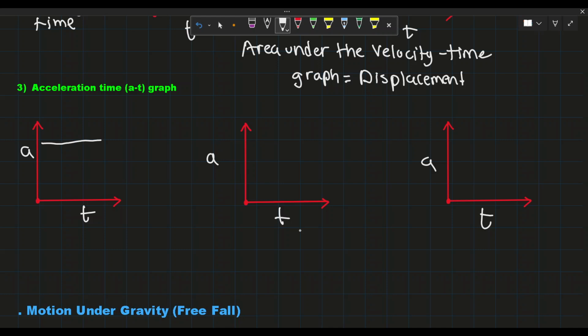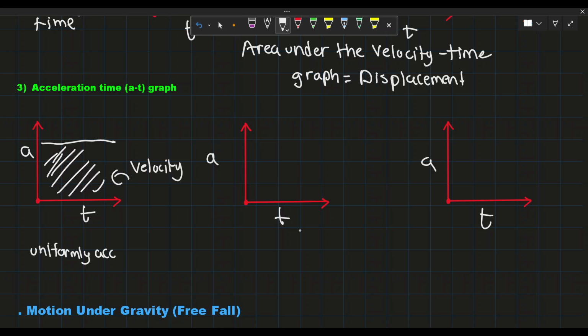If you have a straight line, this basically means this is a uniformly accelerated motion, and the area under the acceleration-time graph will give you velocity.